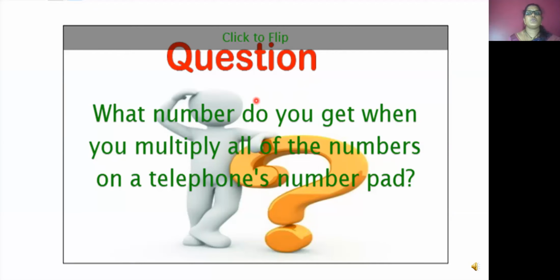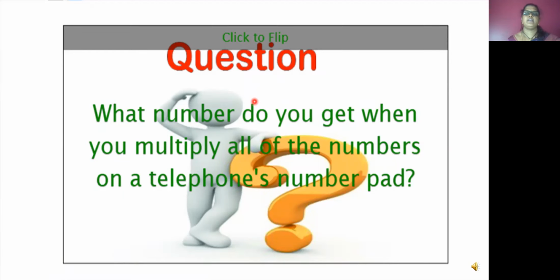So this question I'm going to ask you: what number do you get when you multiply all of the numbers on a telephone's number pad? Do you know what numbers are on the telephone number pad? Yes, 1, 2, 3, 4, 5, 6, 7, 8, 9 and 0.